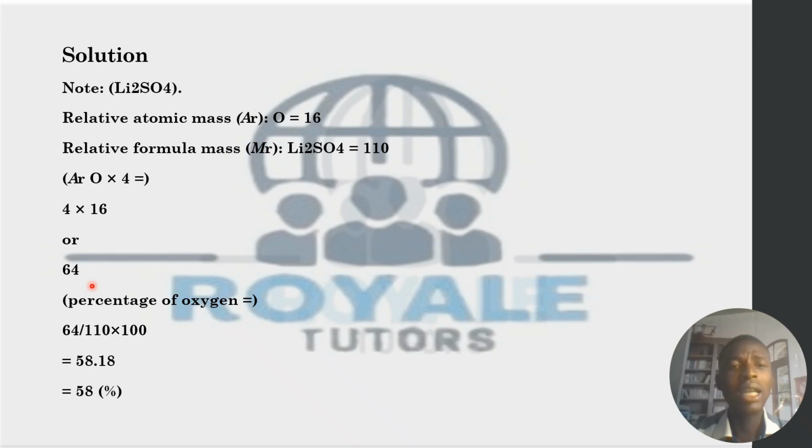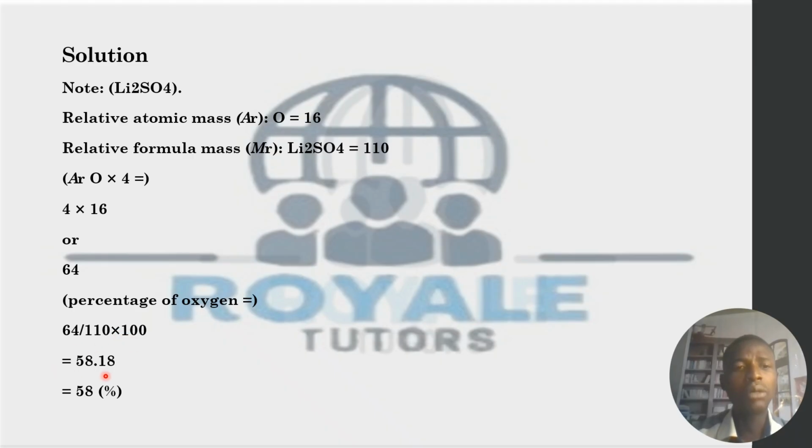So then to calculate the relative mass of oxygen, we're going to have the mass of oxygen over the relative formula mass. So oxygen now is a total of 64 divided by 110, for the lithium sulfate. And since we are looking for the percentage, we'll multiply by 100.